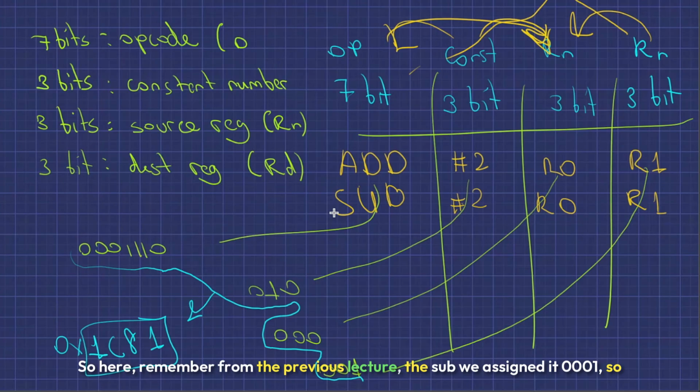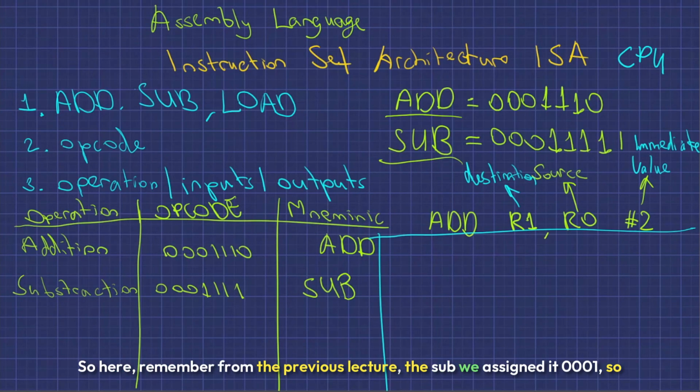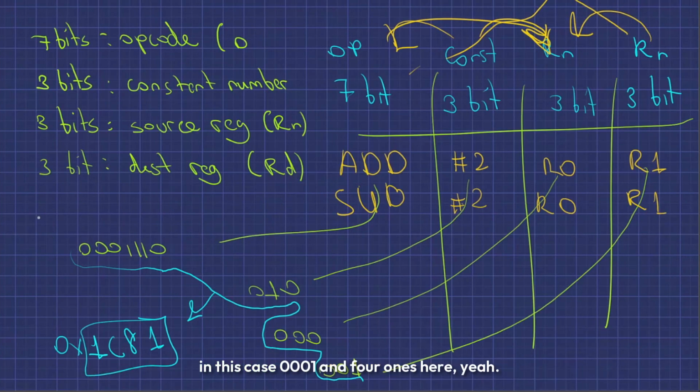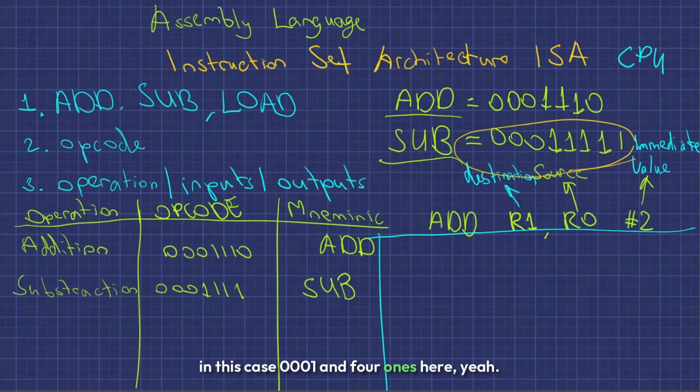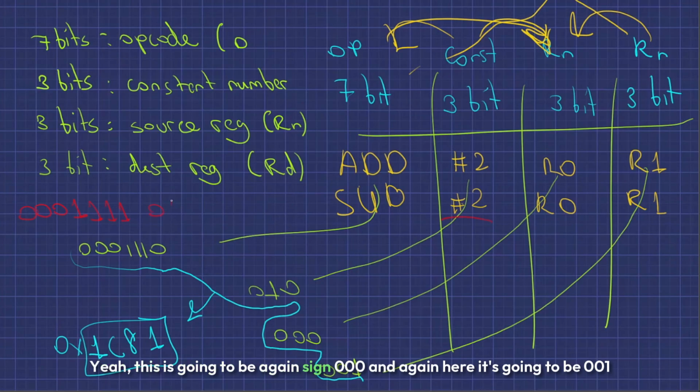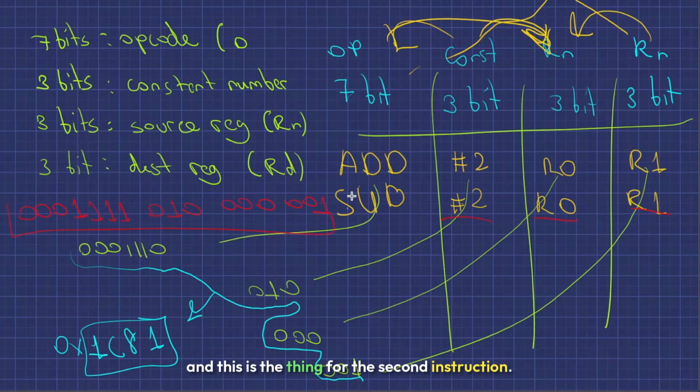Remember from the previous lecture, the sub we assigned 0001, and then 1 1 1. Now again here it's going to be 000, and here 001. And this is the second instruction. So that's basically how it works.